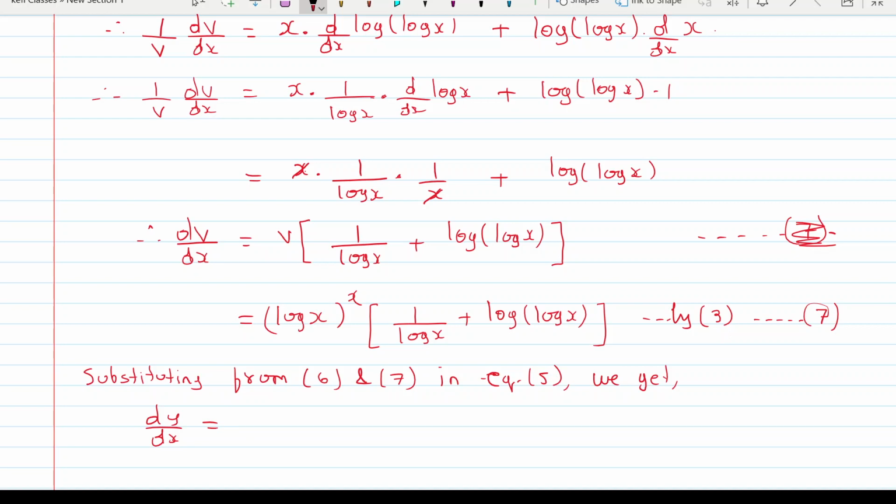It is x raised to log x into 2 log x upon x, plus dv by dx, which is log x raised to x into brackets 1 by log x plus log of log x.